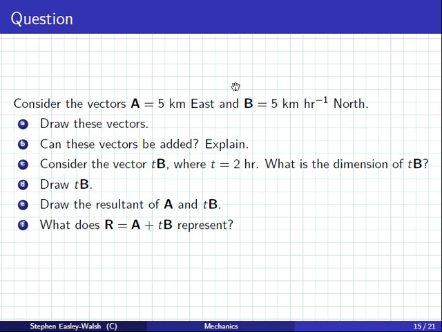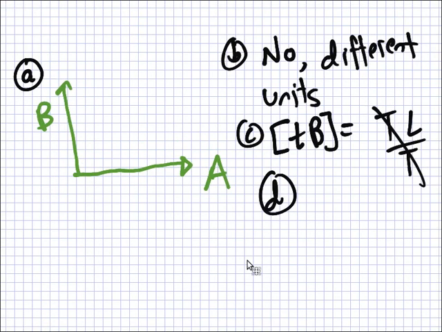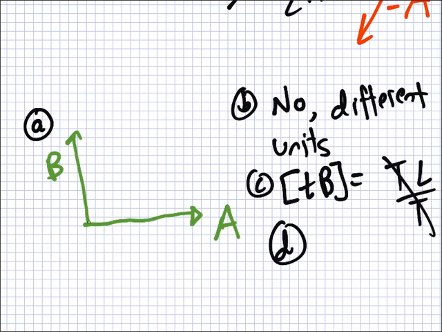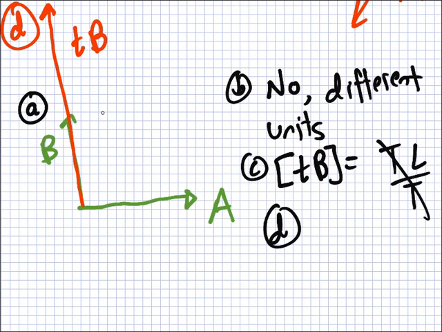D. Draw TB. How is TB different to B? What's the length of TB? 10 north. So, if that's B, then that's TB, because t is 2.